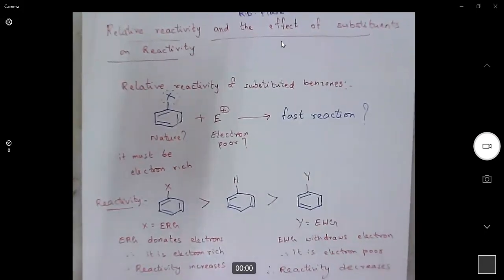Therefore, in simple terms, when we look at the reactivity of substituted benzenes in aromatic electrophilic substitution reactions, electron releasing groups increase the reaction rate or reaction velocity, and electron withdrawing groups decrease the reaction velocity or rate of the reaction.